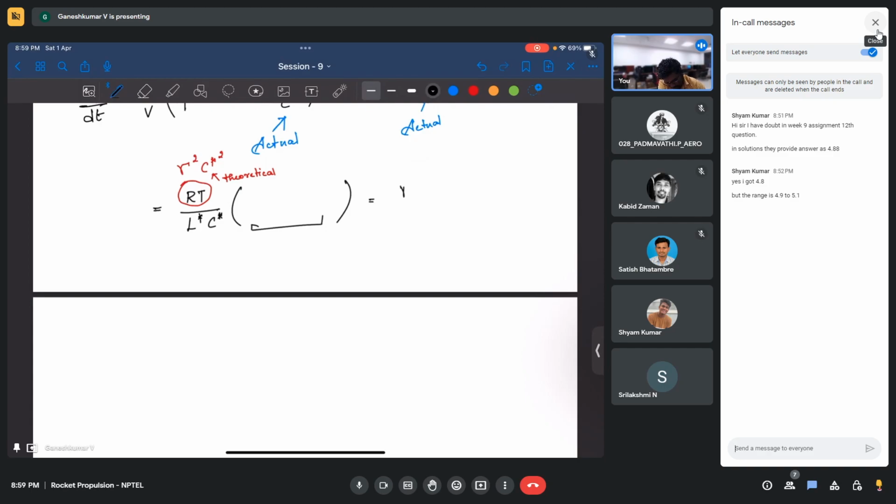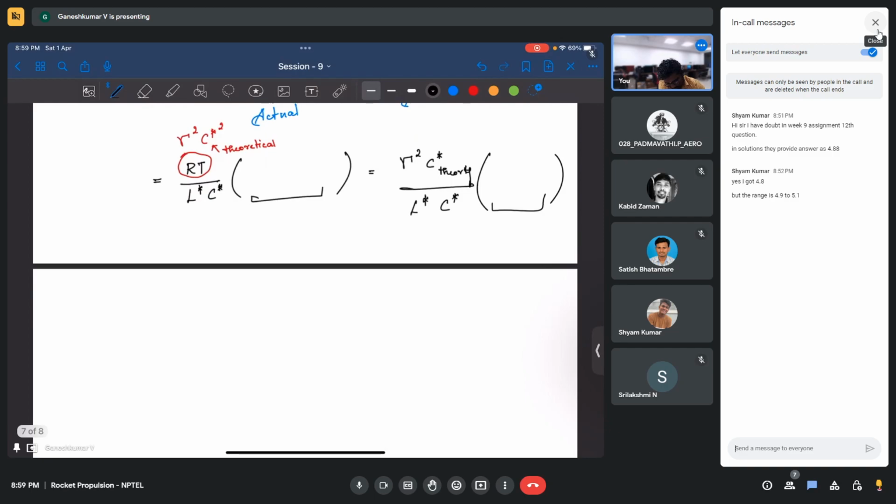So this is going to be gamma square C star theoretical, divided by L star C star, times this whole term. What do you know about C star actual? C star efficiency is nothing but C star actual by C star theoretical. So C star actual is nothing but eta C star theory.